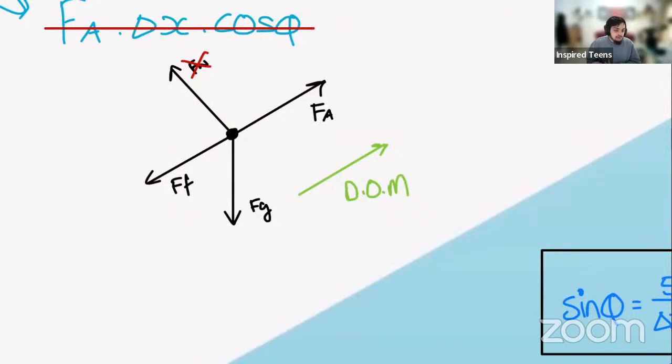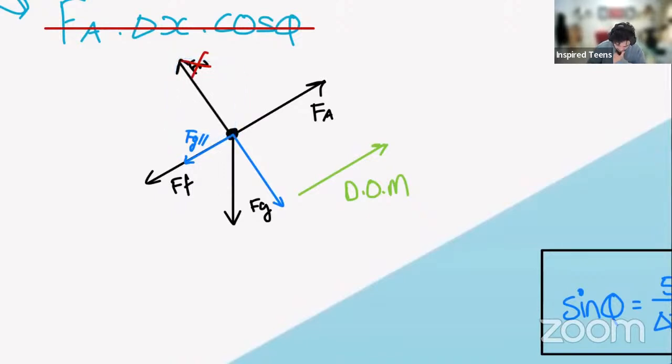Now, we don't include FG in its current form, the way it's expressed currently, because it is not parallel to the direction of motion. However, when we separate FG into its components, we have FG parallel. Forgive it not being 100%, it's a bit skew. Let's just do this.